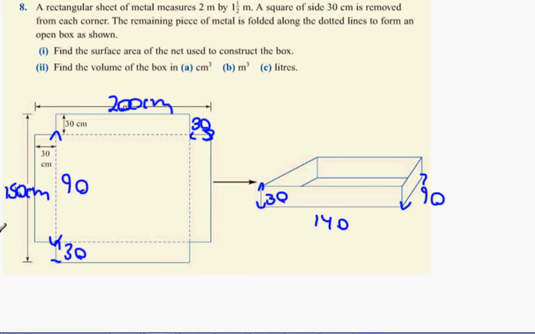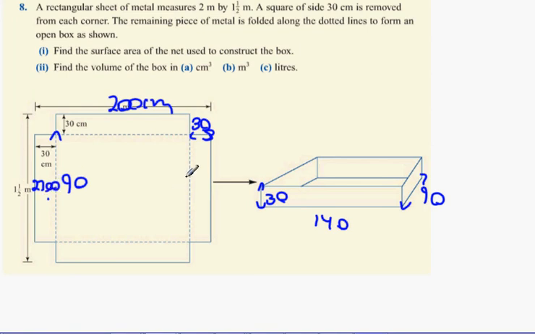So, find the surface area of the net used to construct the box. We know the measurements, so all we have to do is multiply the numbers by each other and fill in what area we're talking about. So this one here is going to be 30 times 90, which is 2,700.